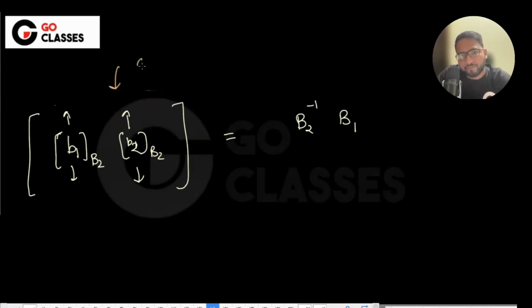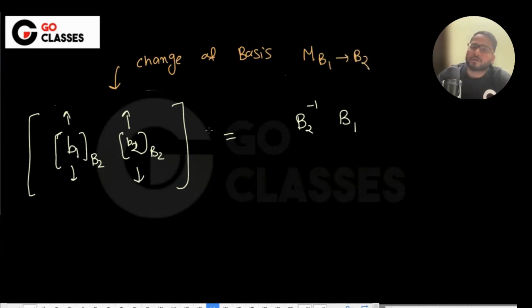Okay. Which means this particular thing that I'm claiming is actually a change of basis matrix, which is changing from b1 to b2. Let's check whether this is the same. Can you check whether this is the same?